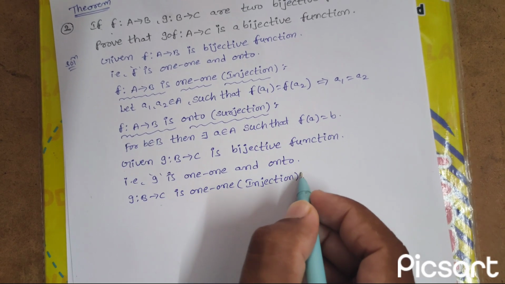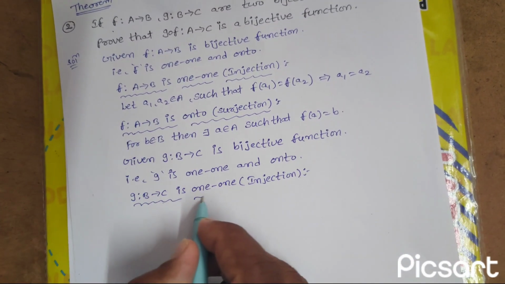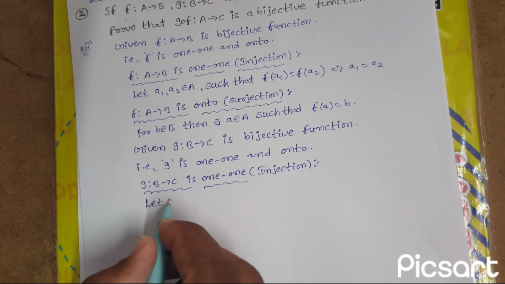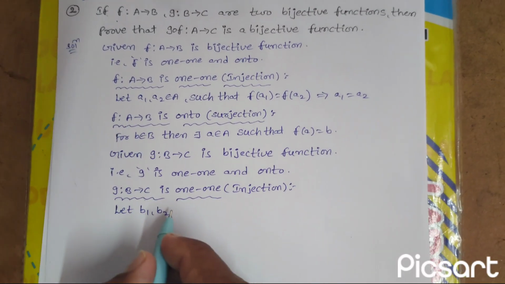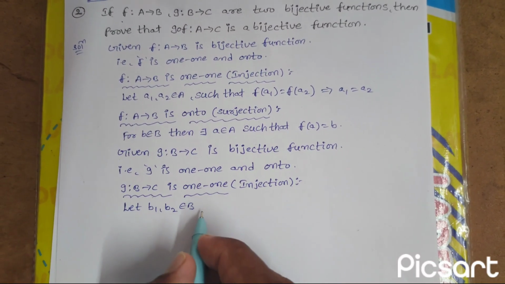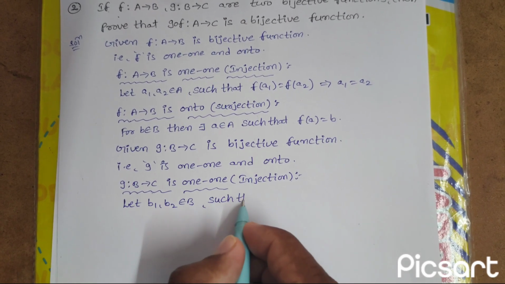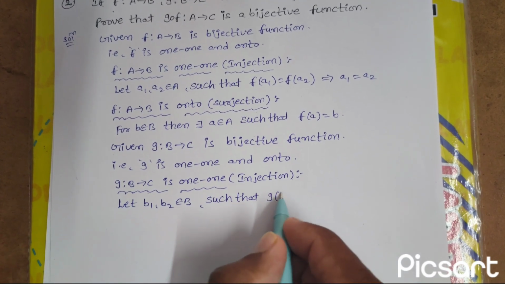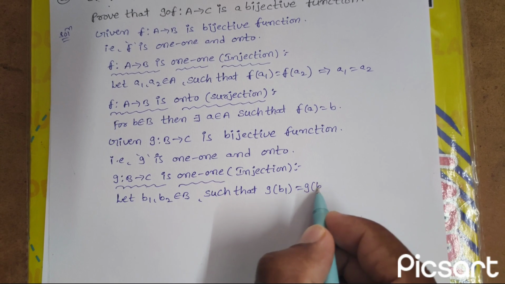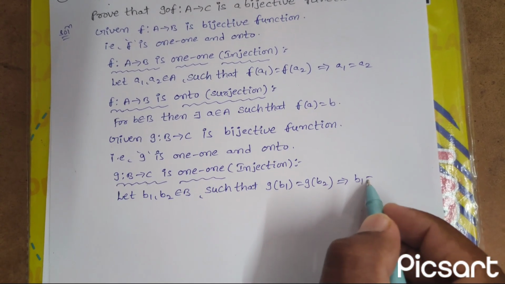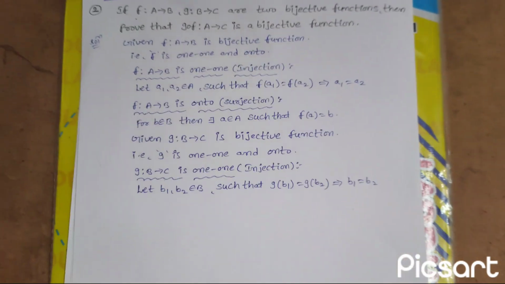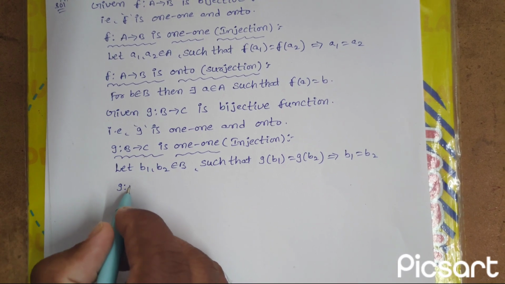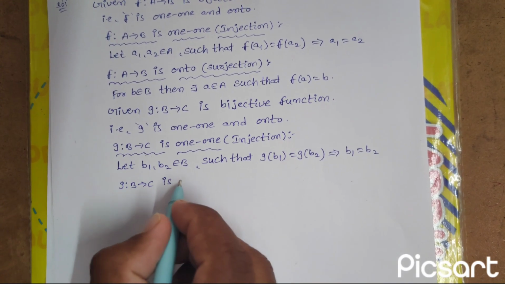So in this domain, take the two elements small b1, small b2 belong to capital B such that G of b1 is equal to G of b2 implies b1 is equal to b2. Now take G is an onto function. G from B to C is an onto function.